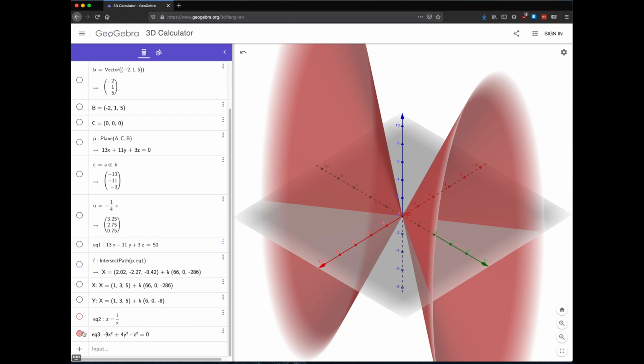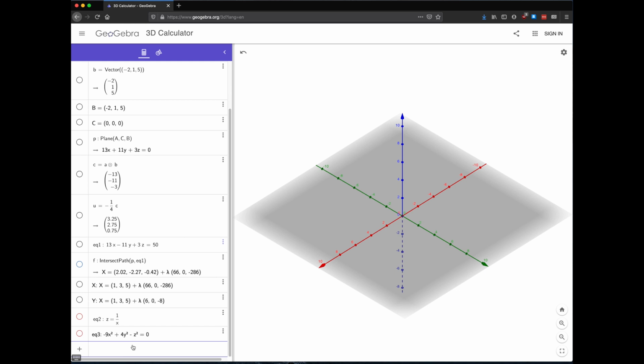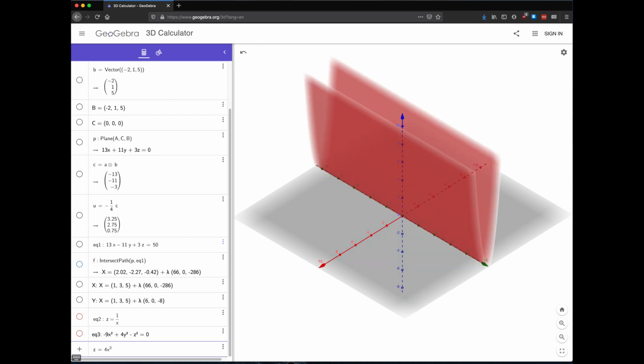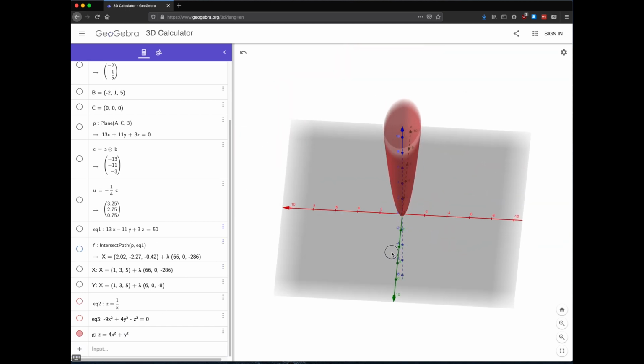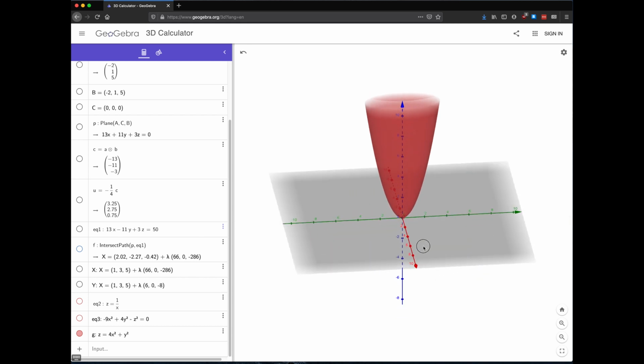Then we started doing the ones where they are actual functions, where we don't have all 3 squared. So something like z equals 4x squared plus y squared. This is our elliptic paraboloid, or just paraboloid.